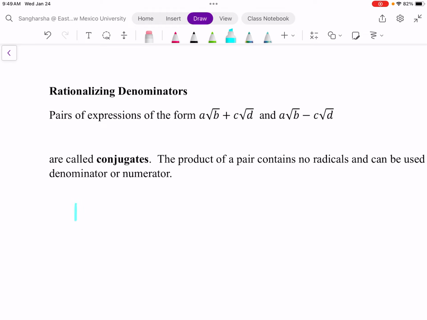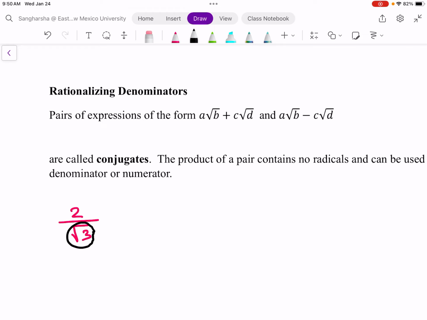For example, let me take a radical expression: 2 over the square root of 3. Here this is our denominator, and the square root of 3 is an irrational number. So we have to convert this irrational denominator into a rational denominator, and that is rationalization. Every time you are asked to rationalize, you are converting an irrational denominator into a rational denominator.